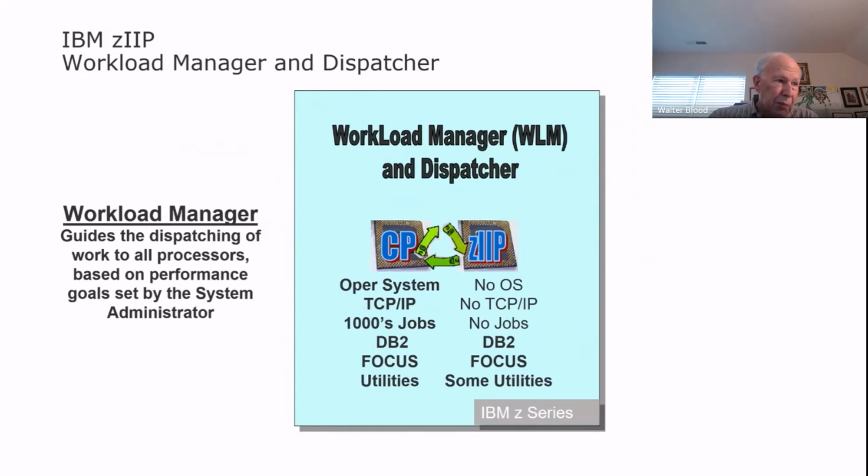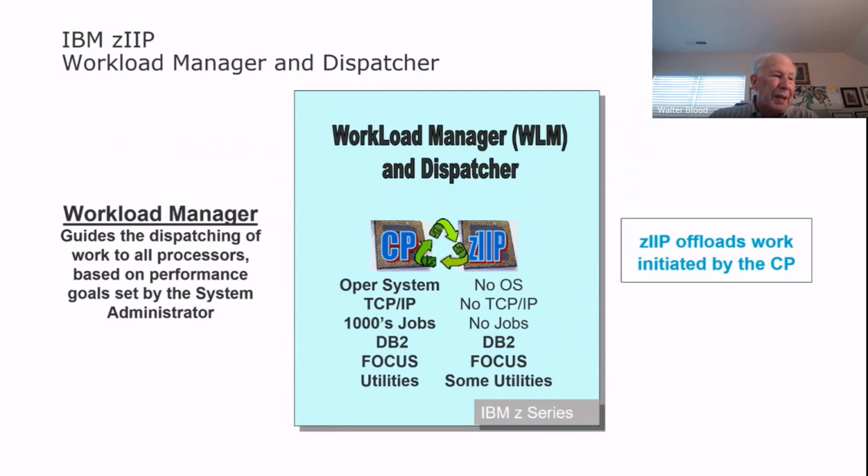TCP/IP is not supported on the zIIP. Jobs are not supported on the zIIP. You can run some of DB2, you can run some of Focus, and there are some utilities that have been modified to run partially on the zIIP, right? The zIIP basically allows you to offload the work that has been initiated on the central processor, on the CP, and that's the critical point. It has to start on the CP.